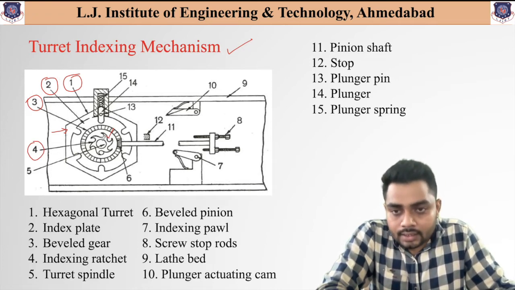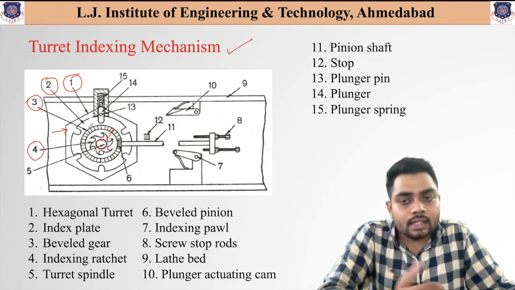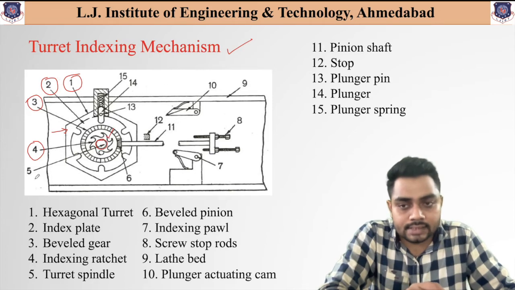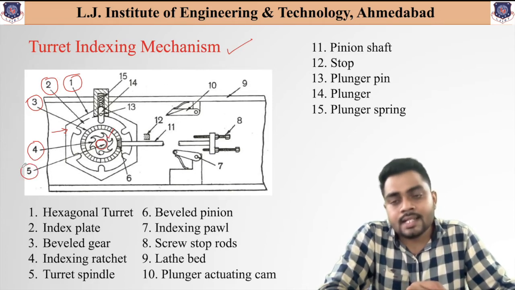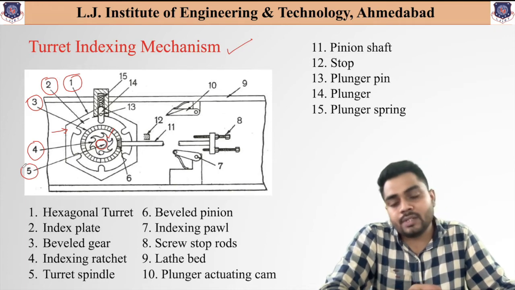Now the internal section which is connected to this ratchet, and other parts available in the outer direction also. So this ratchet is connected to the internal section, and this internal section is nothing but the turret spindle, and this turret spindle is connected to the headstock spindle.